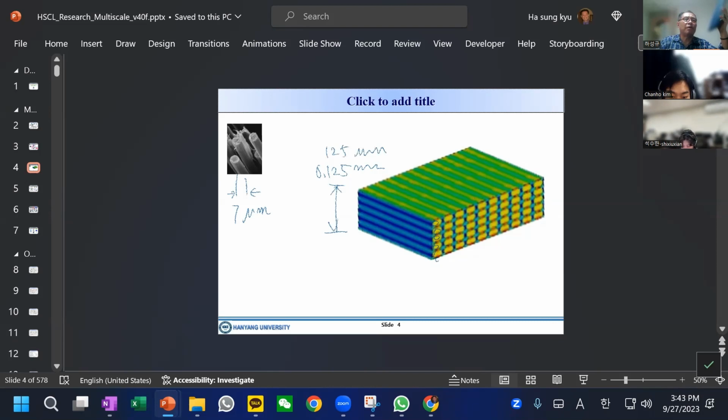If the fiber is well arranged like that, just approximately, and again the 7 micrometers, how many filaments should be stacked up to reach this?